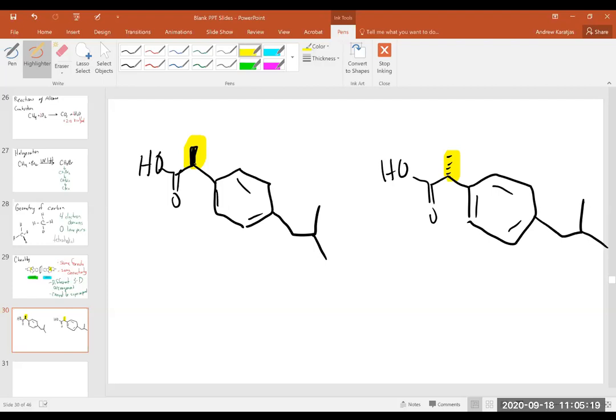Does it matter? Well, it does. This one on the left is what you want. This is what'll cure your headache or whatever reason you take ibuprofen for. This one on the right is pretty much useless. Won't do anything for you.